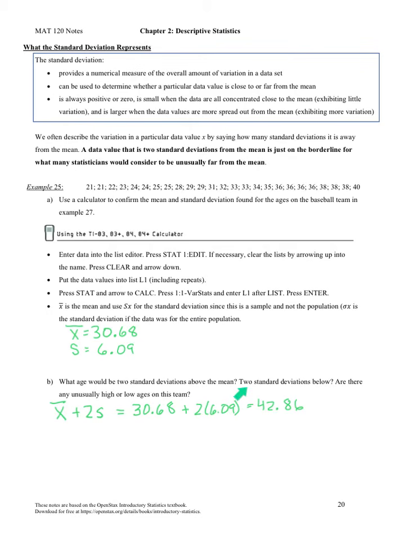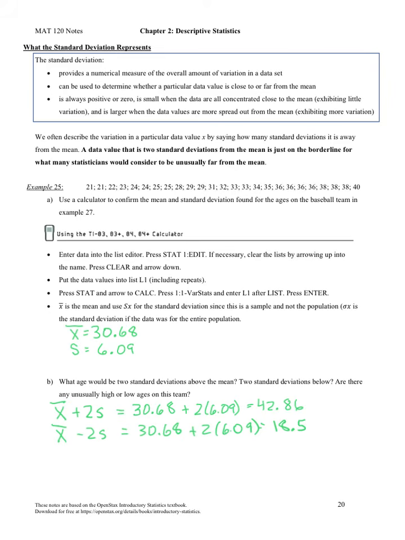Next, what would the age value be 2 standard deviations below the mean? So in this case, we're going to subtract 2 standard deviations from the mean. So 18.5 would be the age, 2 standard deviations beneath the mean.